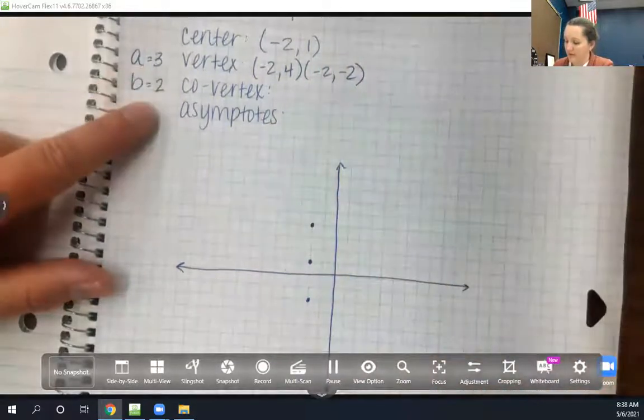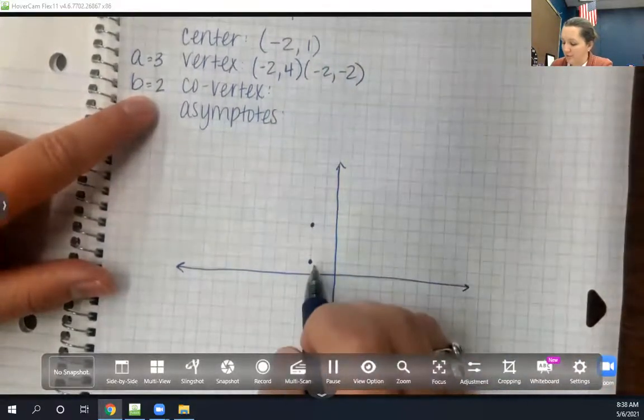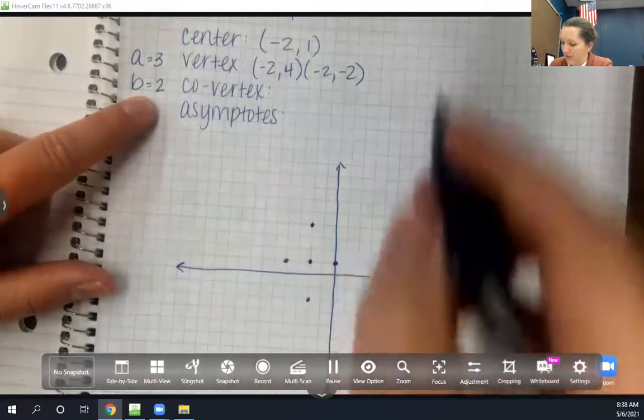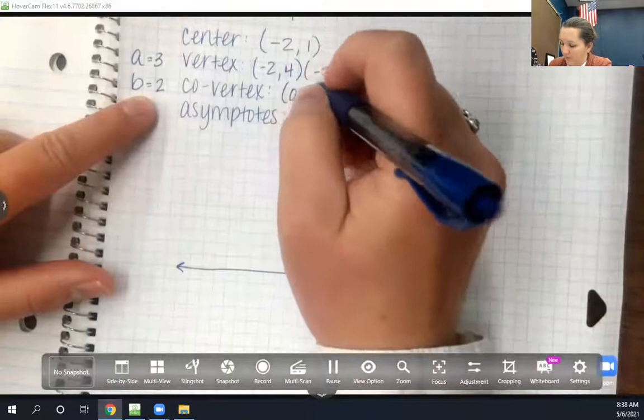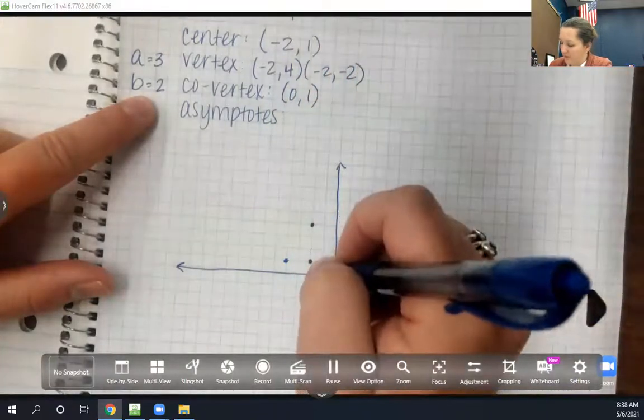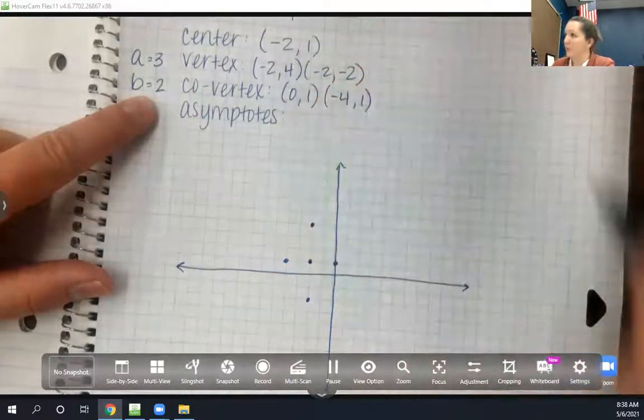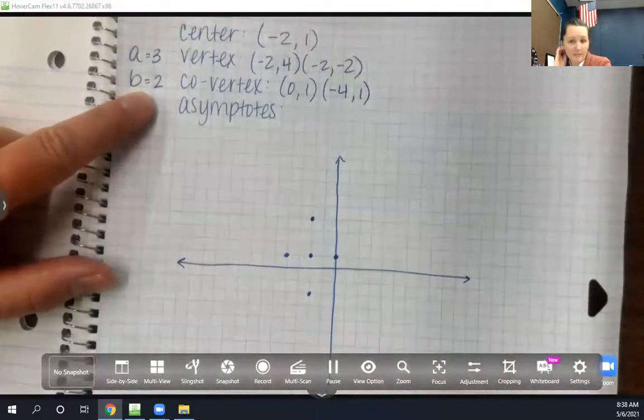Those are my vertices. And then my co-vertex is right and left, and it's 2 this way and 2 this way. So I have 0, 1 and -4, 1. So we have located both vertices and co-vertices.